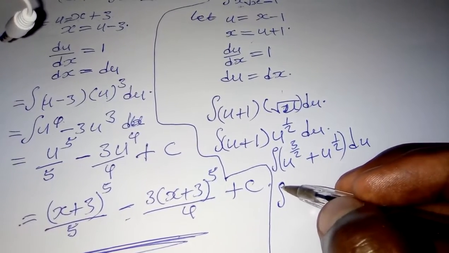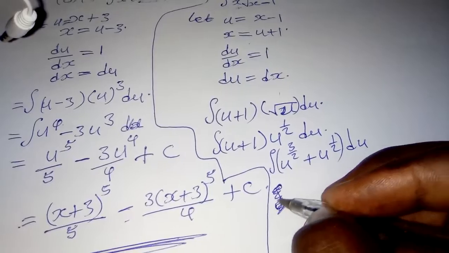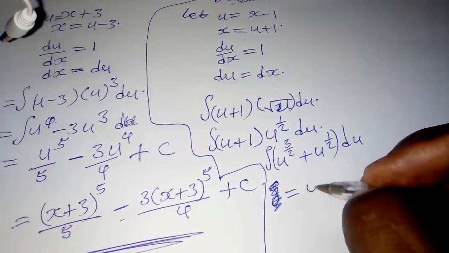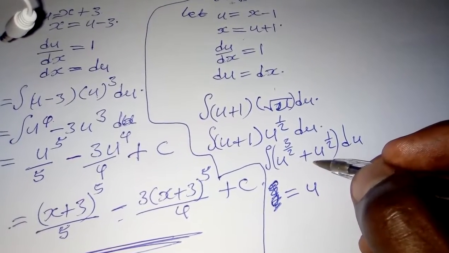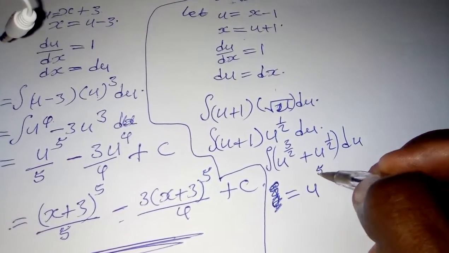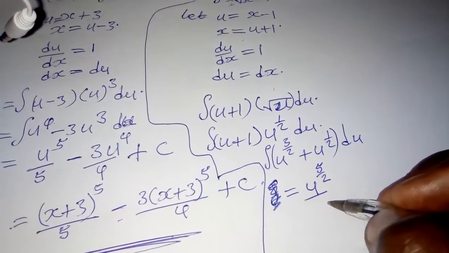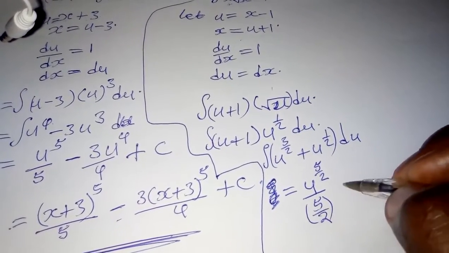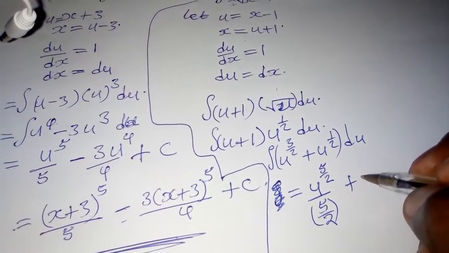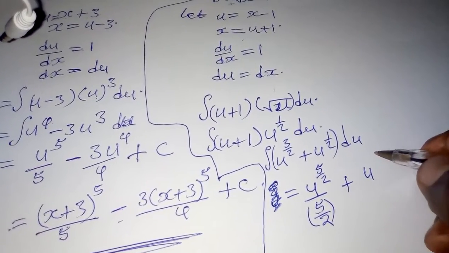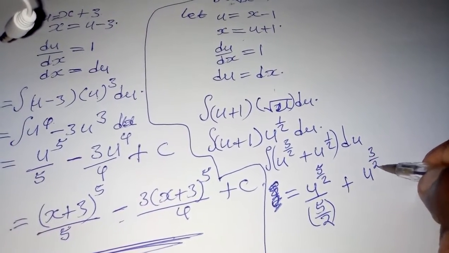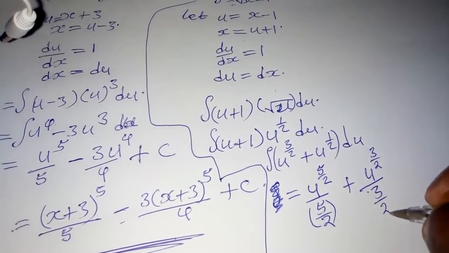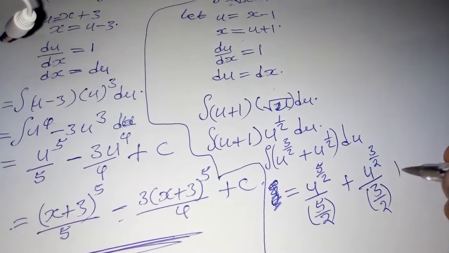So I'm not even supposed to write this now, I'm just going to write equals. When I integrate that, I'm going to have u raised to power 3 over 2 plus 1, which gives me 5 over 2, and then you divide by the new power, 5 over 2. Then you proceed by saying plus u to the half plus 1, which gives 3 over 2, and you divide by 3 over 2, plus the constant.